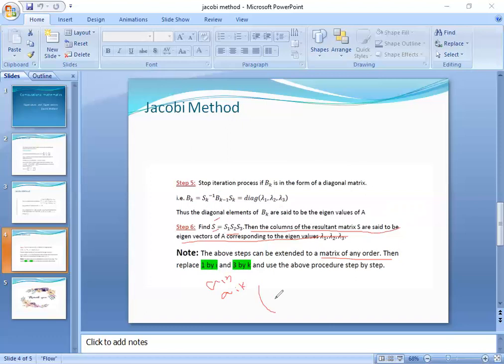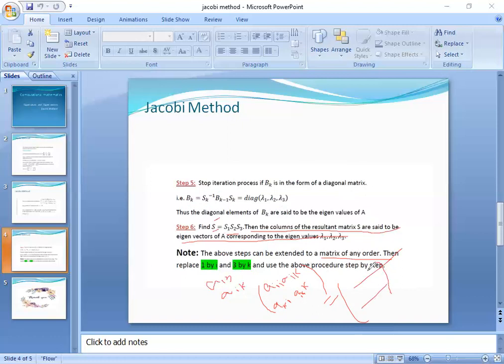So in our process we replace a submatrix, A ii, A ik in the first row, A ki, A kk in the second row, with cos theta, minus sin theta in the first row, sin theta, cos theta in the second row.